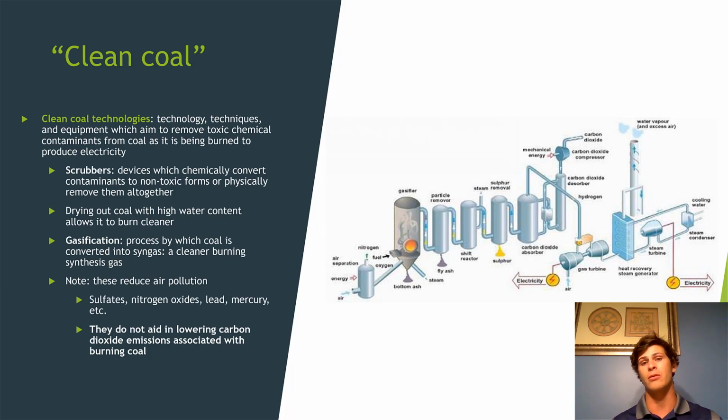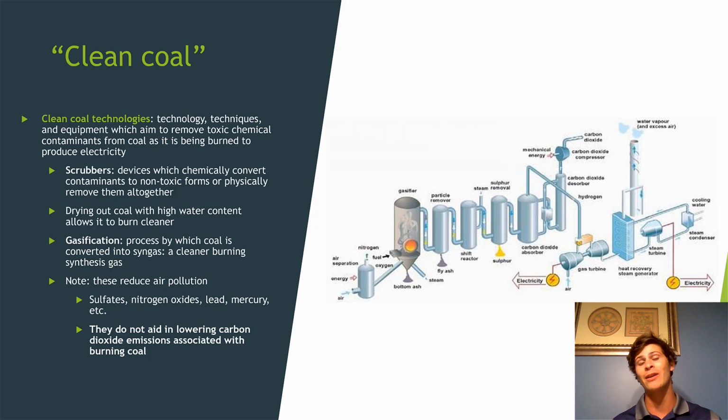Now, we should note here that none of these forms actually remove CO2. The only thing that clean coal technologies do is remove some of the toxic pollutants such as sulfur dioxide, nitric oxides, lead, mercury, any byproduct that's actually in the coal. It doesn't remove carbon dioxide, so it's not really helping us fight global warming.